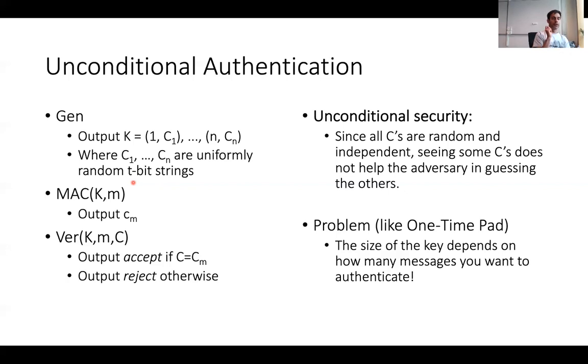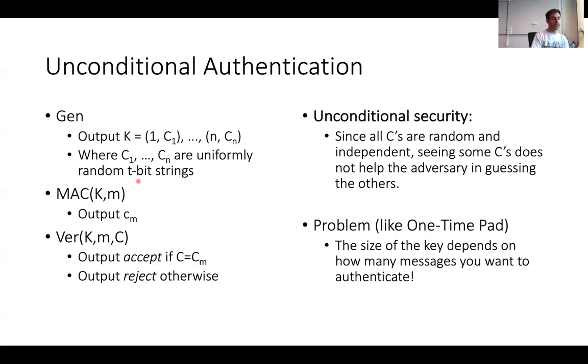The adversary had probability 0 of decrypting the ciphertext. Here instead, the adversary with some probability might be able to guess the right MAC even if he hasn't seen it before. The probability can be made exponentially small by choosing t to be large enough.